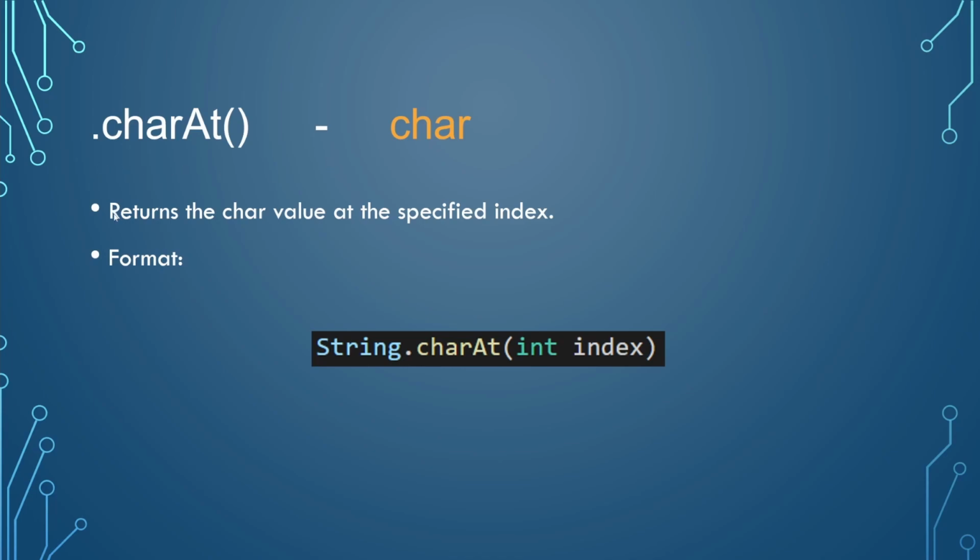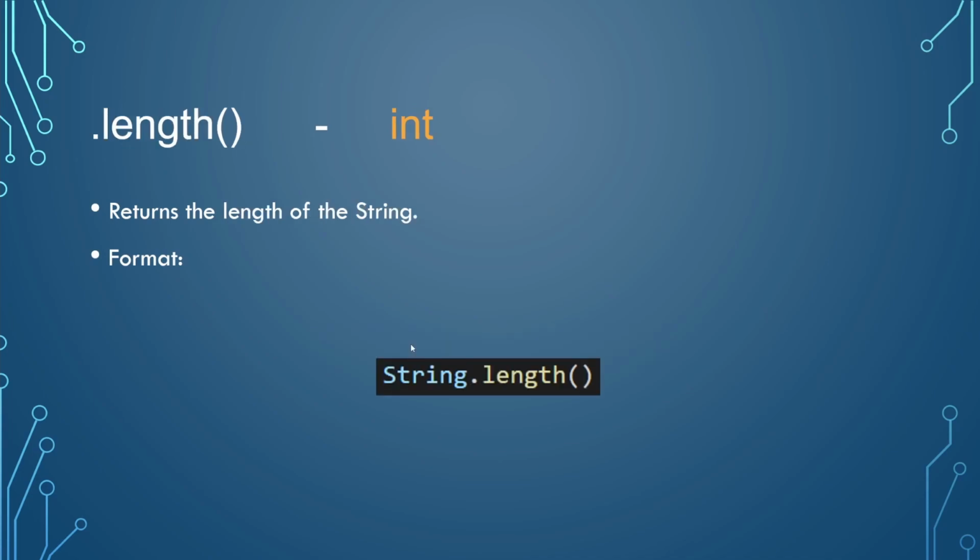What it does is return the character value at the specified index. So the return type is the character data type, and we put the index number within the string, and out of that we receive the character which is at that index. So this is the format over here. We need to put the name of the string.